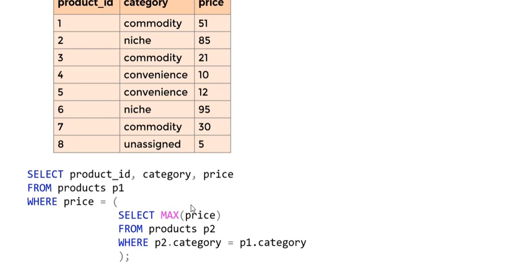By using a correlated query, from the self table, products P1, where price is equal to select max price from products P2 where P2 category is equal to P1 category.